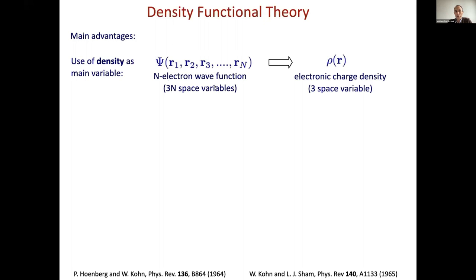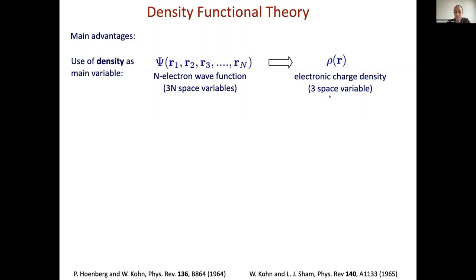The many-body wave function on the left here, of course, depends on at least 3N space variables, not to speak about the spin, where N is the number of electrons, while the charge density is a far simpler object to deal with because it only depends on 3 space variables, so far easier to store in a computer and much more user-friendly, if you want.